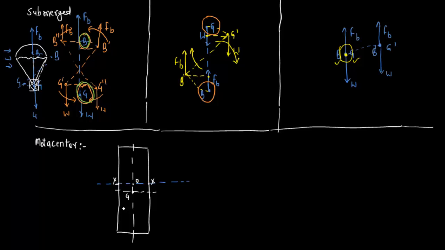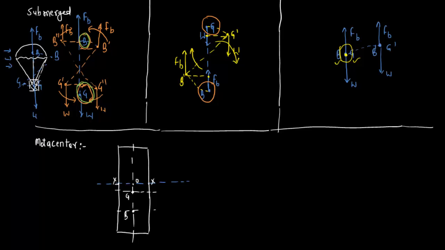In this case the displaced fluid is this part, from the x-axis line to this lower face. So for this submerged part, the center of buoyancy will be here. The center of buoyancy is simply the center of gravity of the submerged fluid, and we define this as the center of buoyancy here.